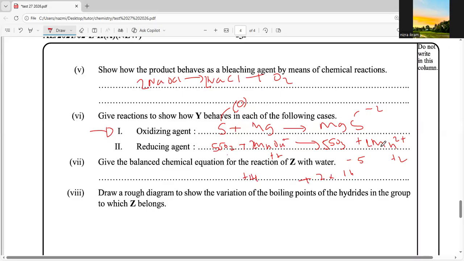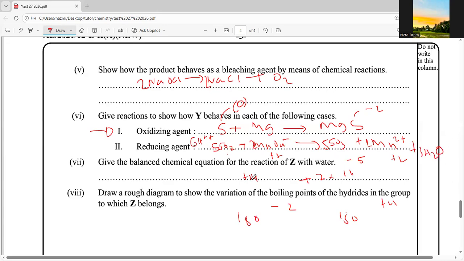We'll work it out in the acidic medium. This side -2 charge, that side +4 charge. Then we can put 6H plus this side. Then here 18 oxygen, this side 15 oxygen. You have to put 3 water, and 3 water means 6 hydrogens are coming.